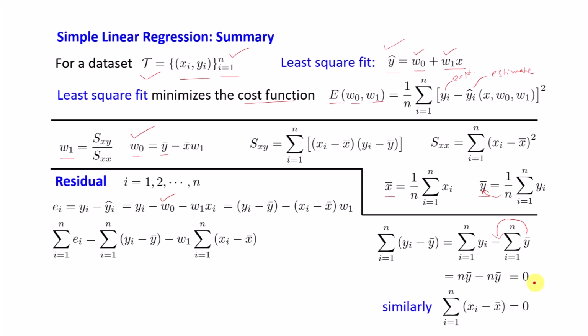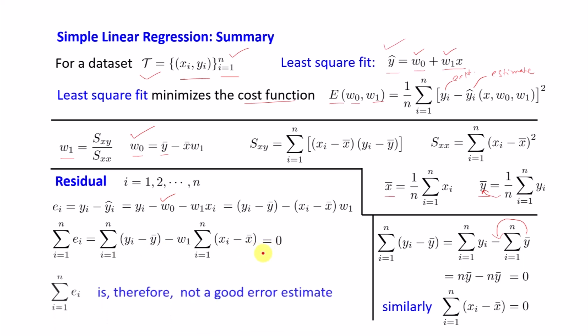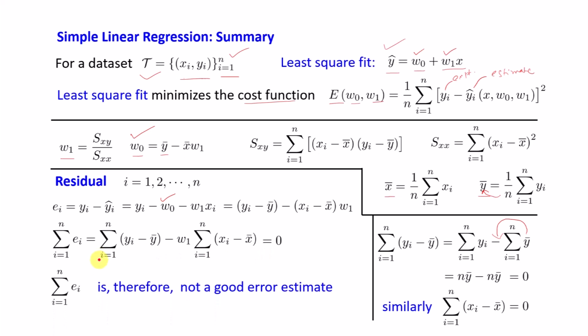Similarly, we should be able to show that the summation of xi minus x bar equals 0. So together we can write that it is 0. Thus the summation of ei is always 0 in our simple linear regression, and it doesn't give us anything.